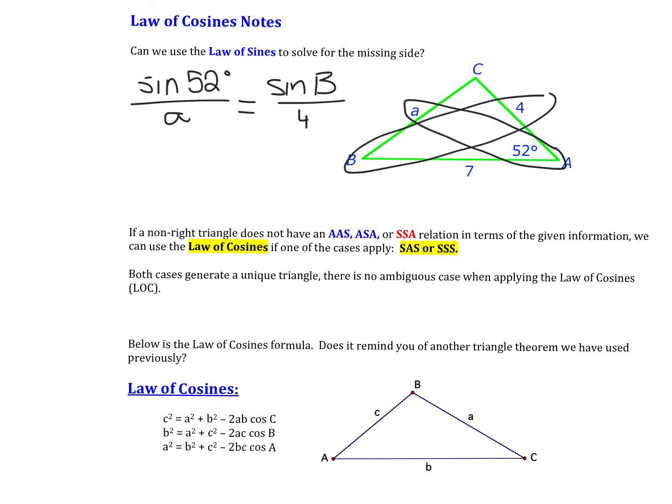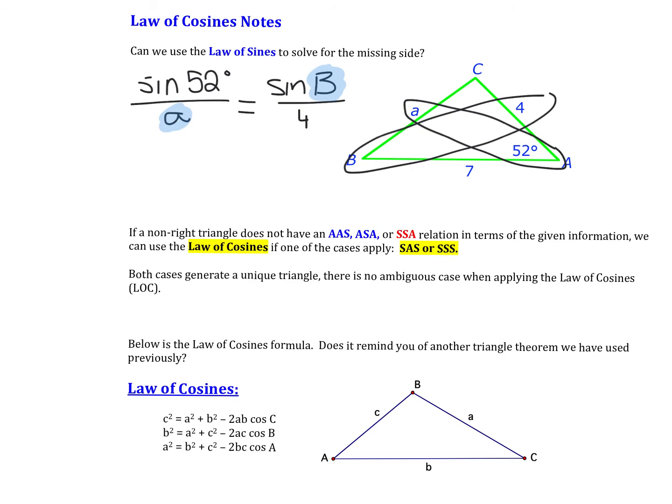That's this angle and its opposite side. Hopefully you realize right off the bat that there's an issue here. We are missing two different values, side A and side B, so I cannot solve that equation as it stands.